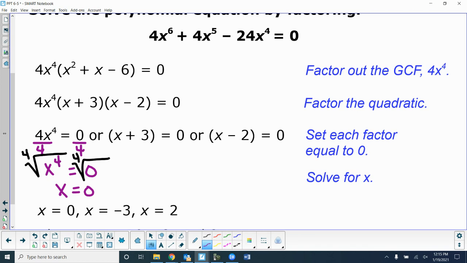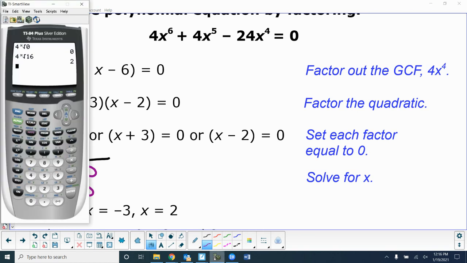Okay? So if you run into a problem where you have to find a higher root than cube root, your calculator can do that for you. Again, whatever root you're trying to find, so this was the 4th root, we hit 4, and then math, it's number 5. Okay? So what you're telling the calculator is you're putting a 4 in for that x.